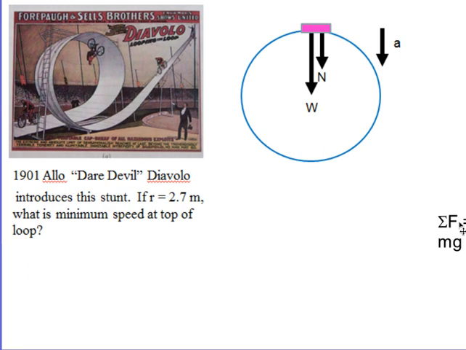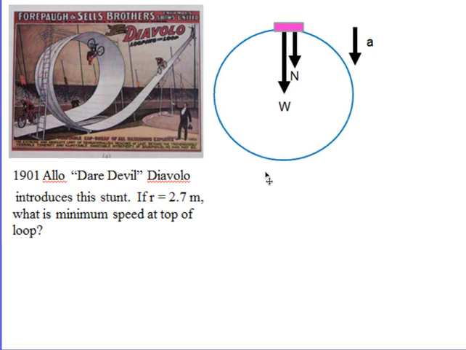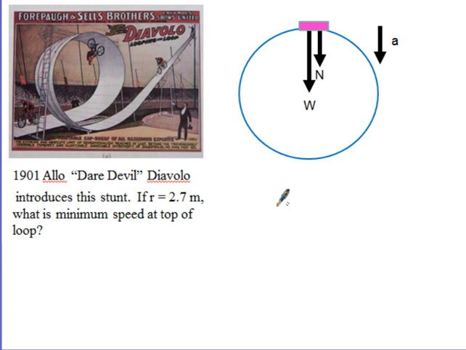And if you do your sigma F equals MA, we're going to do this vertically, because the acceleration, after all, is towards the center of the circle.